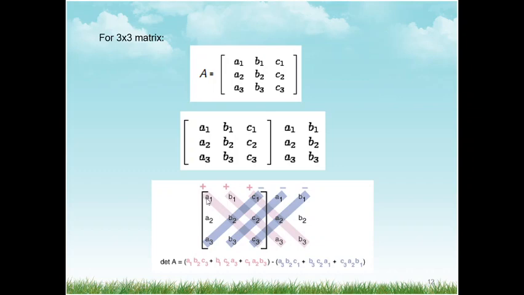In this particular example, A1 times B2 times C3 plus B1 times C2 times A3, and so on. And then we subtract the opposite diagonal: C1 times B2 times A3, minus A1 times C2 times B3, and so on.